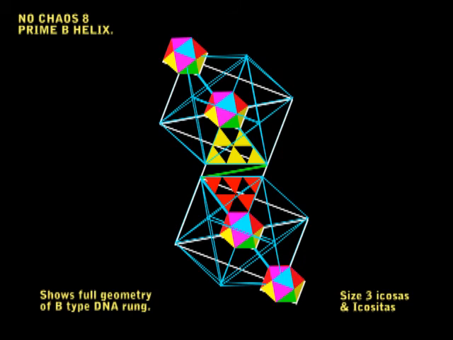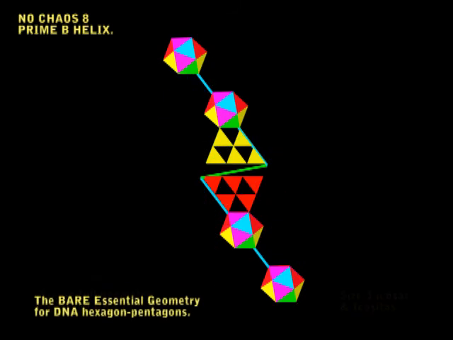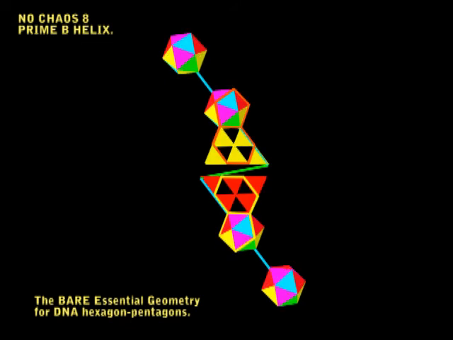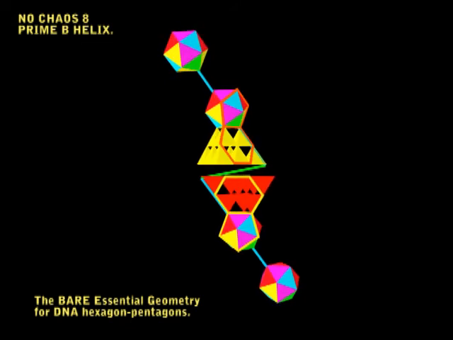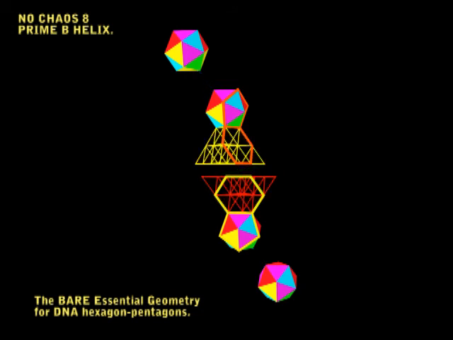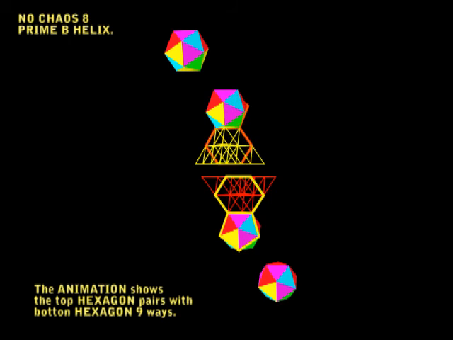Okay, let's hide everything except a couple of pyramids. And I'm going to show a couple of hexagon-pentagon molecule shapes. I'll just show the outlines on the red and yellow pyramids. Now look at the top hexagon and pentagon. I'm going to rotate it 120 degrees 3 times. You can see that the top hexagon can be orientated in 3 different positions to the bottom hexagon.